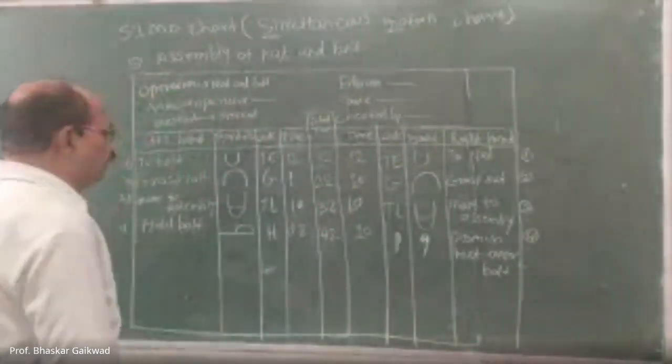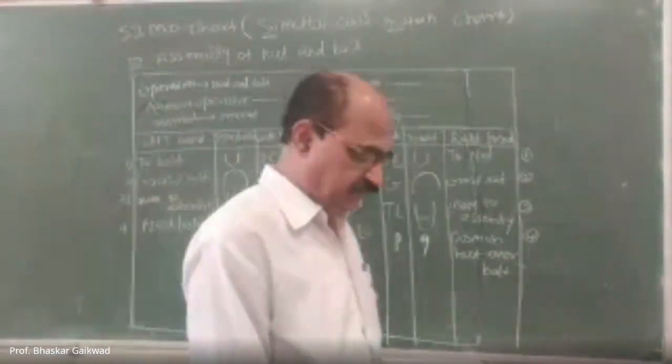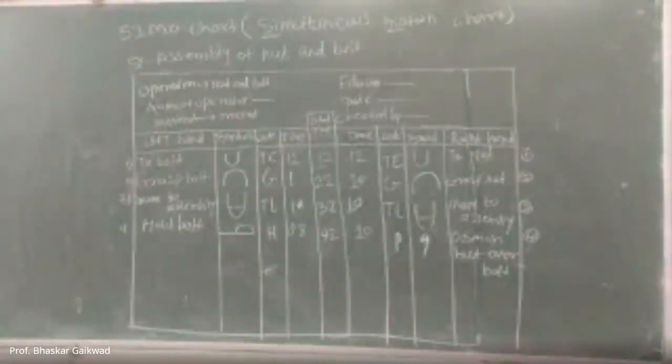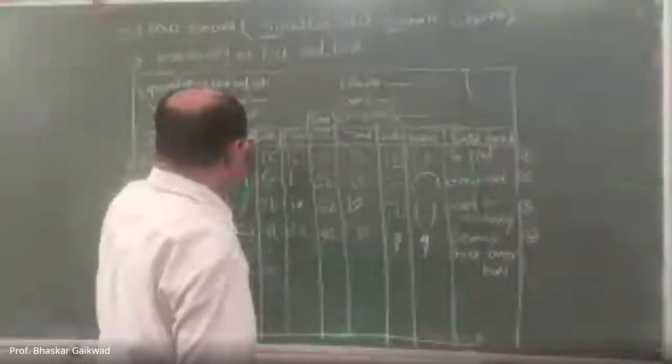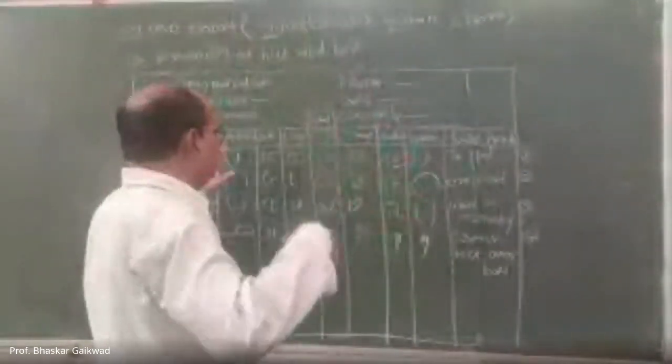So this is your CMO chart. Once again, I will explain the importance of CMO charts and how we can use them on the ground floors in the industry. You can use these two hands, left hand and right hand, symbols and the force image of your big chart.